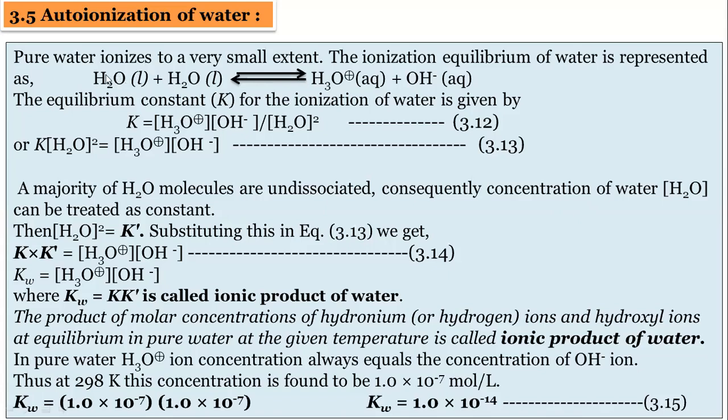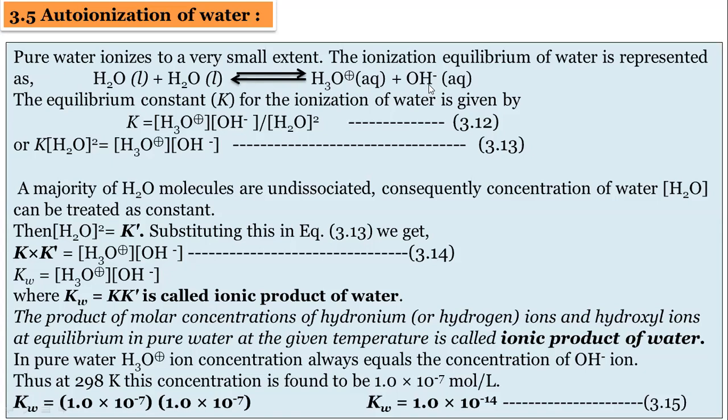H2O liquid, it is pure water dissolved in liquid. So its dissociation is given here. It is not completely dissociated. It will be dissociated to a very small extent. So it will get H3O plus aqueous and OH minus aqueous. These ions are formed. This is a cation and this is an anion.